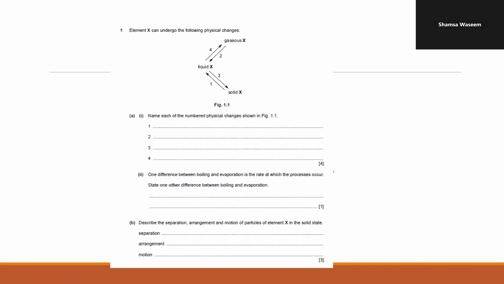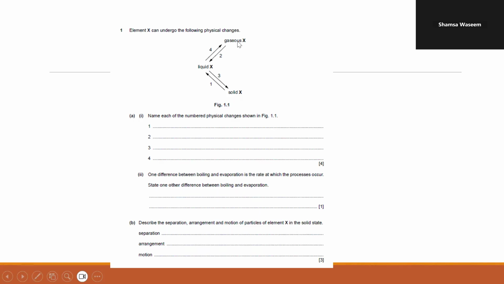I hope it makes sense, right? So let's discuss these questions, and with this we will be through with our states of matter, right? Element X can undergo the following physical changes. Name each of the numbered physical changes shown in figure 1.1. One is solid turns into liquid, which is melting.